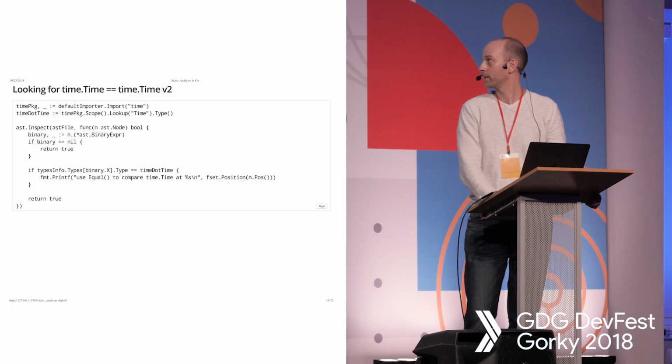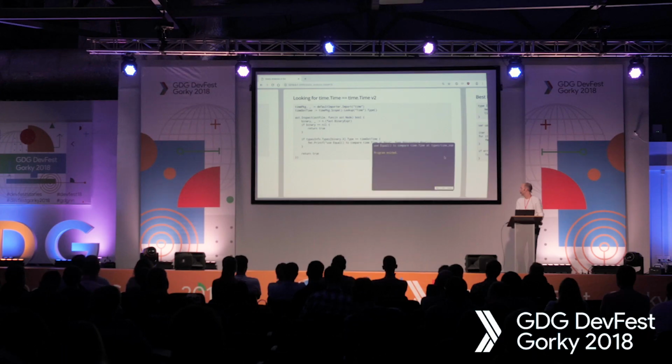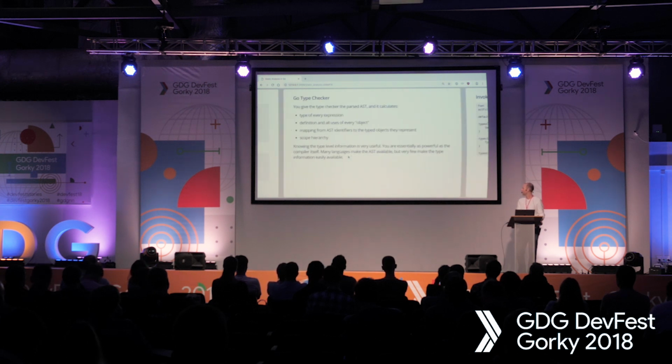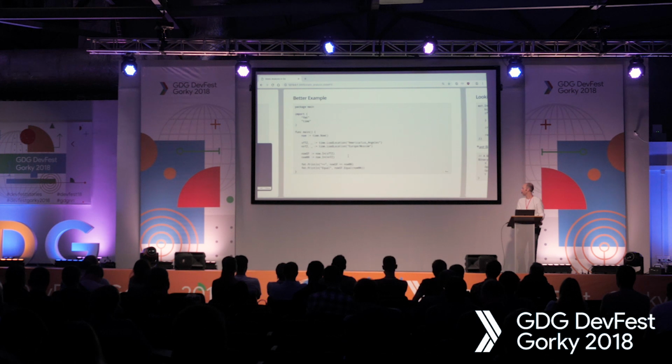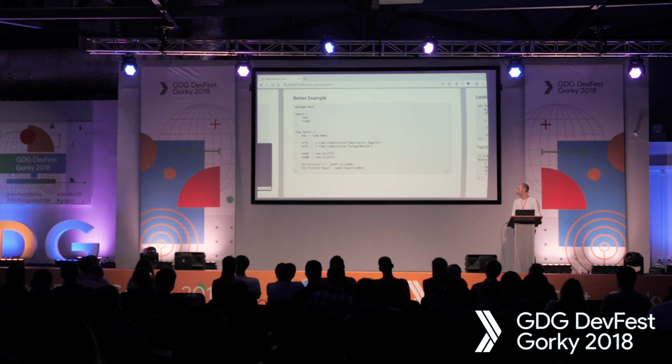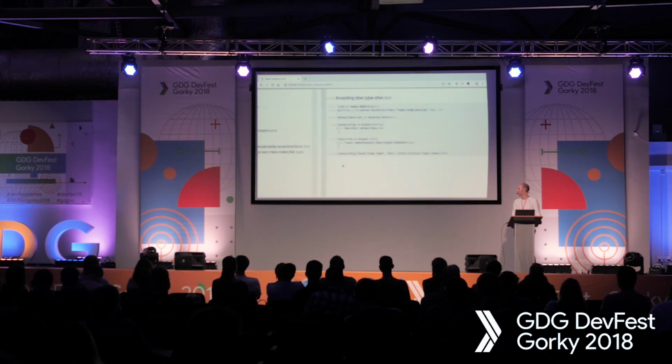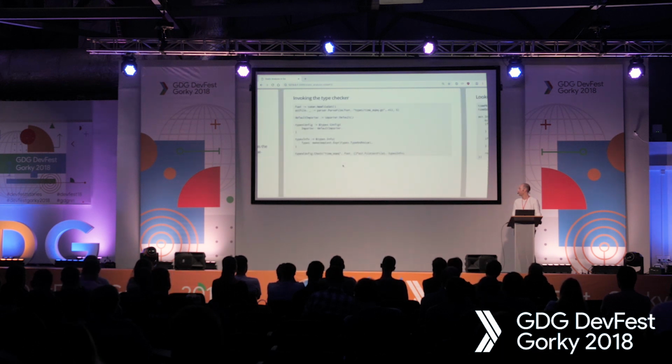So let's run this example. And as expected, it says you should use Equal to compare the times at line 17. And you'll have to take my word for it that this is line 17. So it's saying, don't use == here. You should use .Equal. So this is a potentially useful check that anyone might actually find value in their code base.